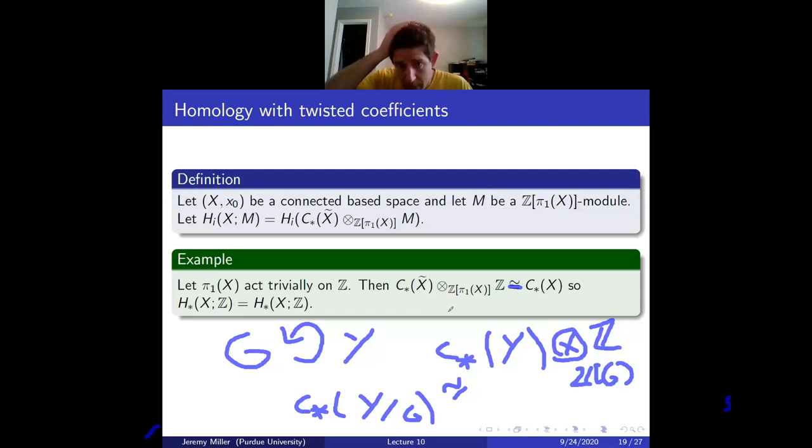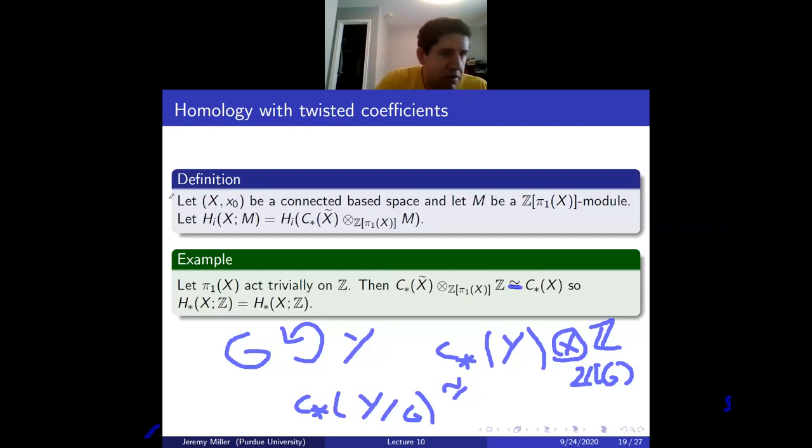You pick an open cover such that the pre-images look like products, then replace chains on X with chains on X subordinate to that open cover, and same thing here with the pre-image, and then those two chain complexes become isomorphic, and that's how you show the homology is the same. Okay, so the upshot is that usual homology with untwisted coefficients is an example of homology with twisted coefficients where the action is trivial.